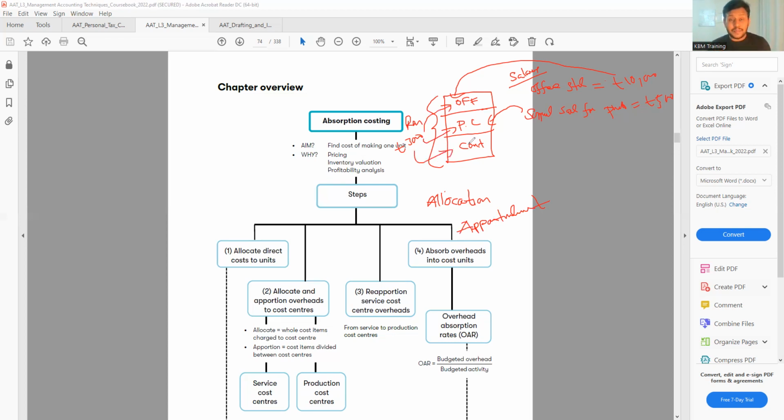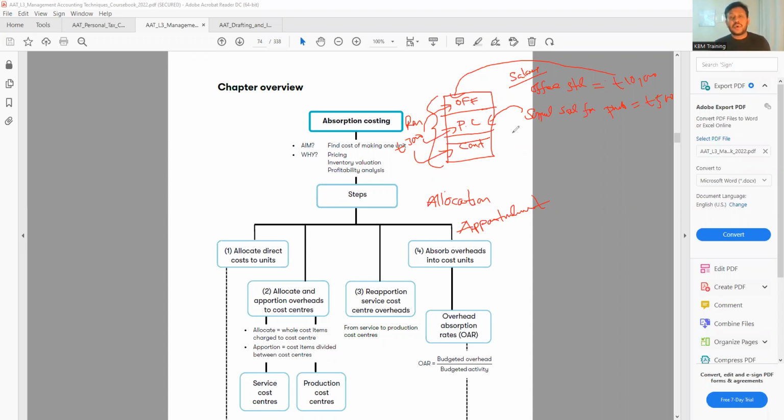They'll only be happy if they use the same amount of space. Remember that. If the canteen uses only a little bit of space, and you give them £1,000 rent, they will say, listen, the top two floors are using the whole space. I'm using very little space. Why are you giving me the equal amount of rent? So they will not be happy.